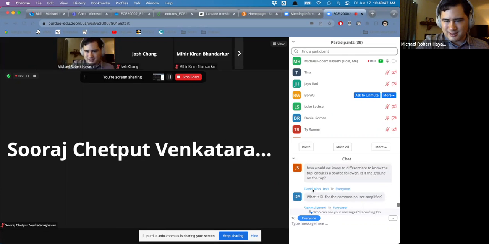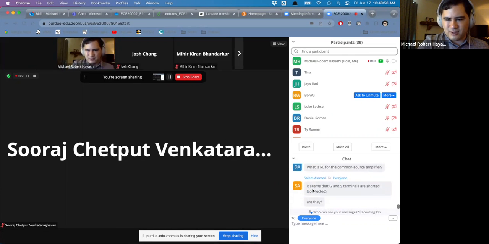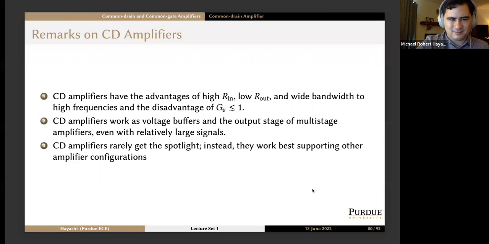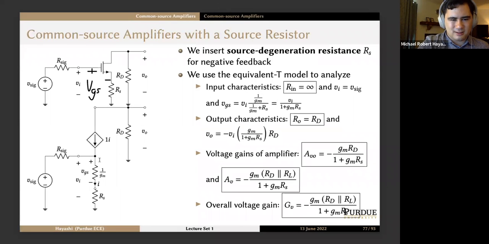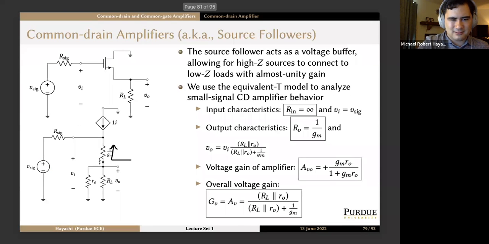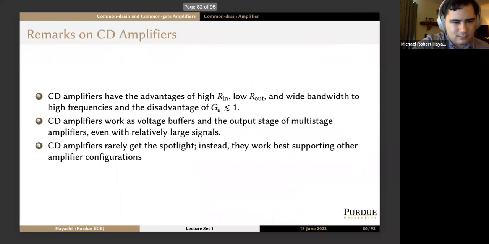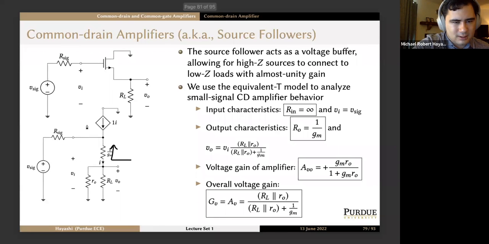Salem's question: G and S terminals are shorted. Are they? No, they are not. This is the gate terminal right here. That got replaced with a square.